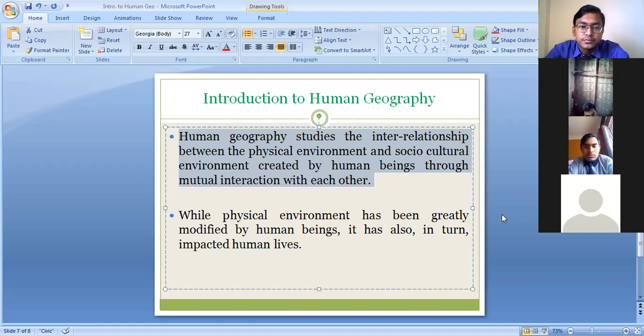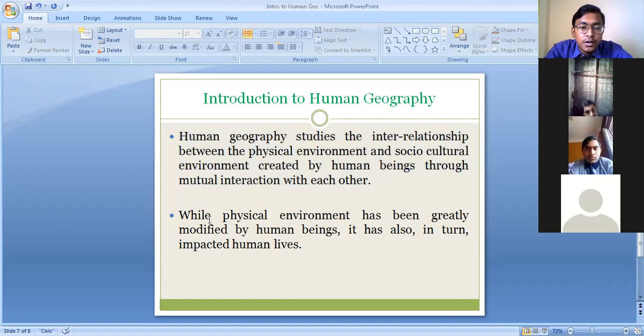So we try to study the interrelationship between these through mutual interaction, of nature with the human beings, and the human beings with the nature.